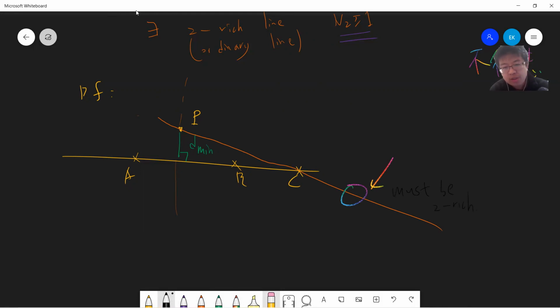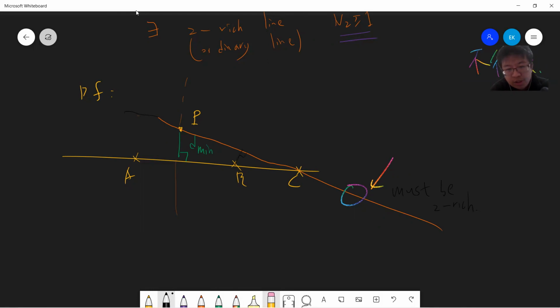The reason is, if it's not, suppose this line is not 2-rich, so it passes through something else.